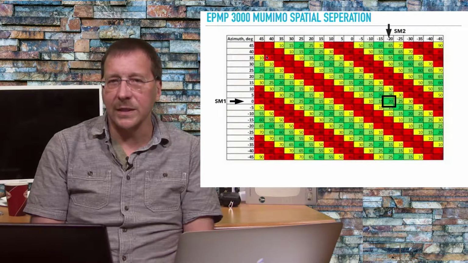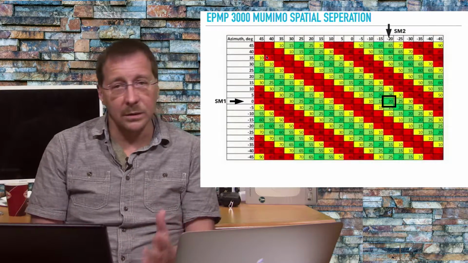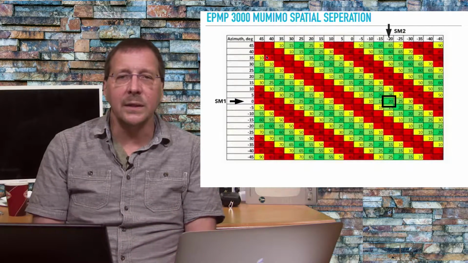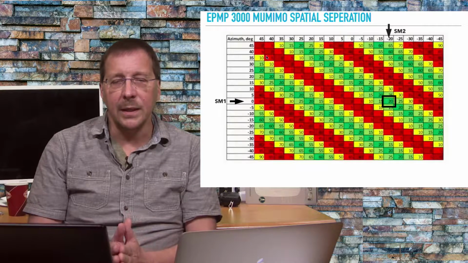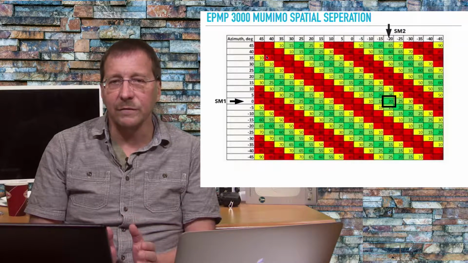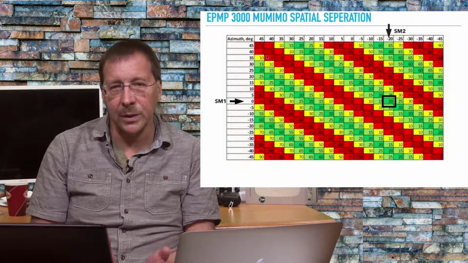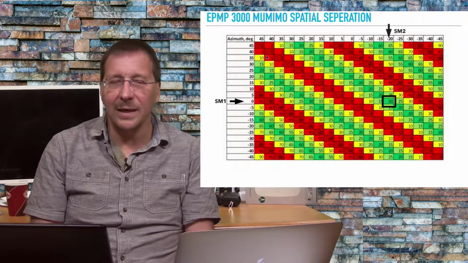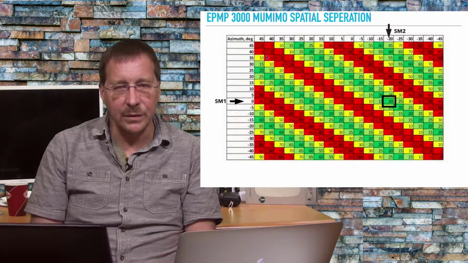However, if one of those SMs was ideally about 20 degrees away, plus or minus, then the AP could say, now I can separate them spatially, and therefore I can group them and send data simultaneously to the radio. So in ePMP, the ideal is about 20 degrees. It does work at other angles as well, but that's the ideal.